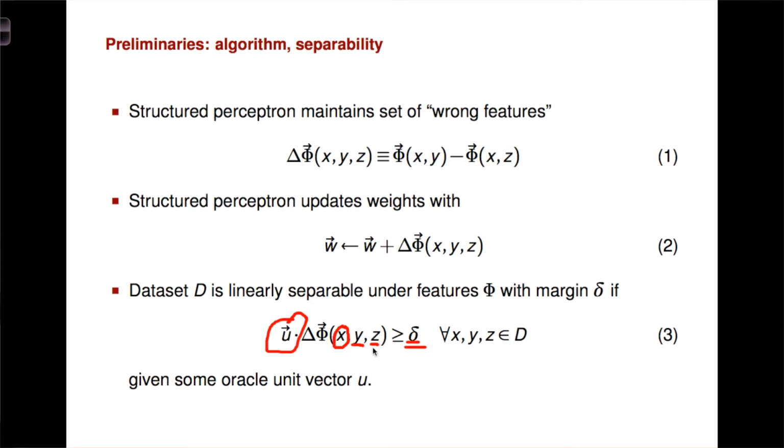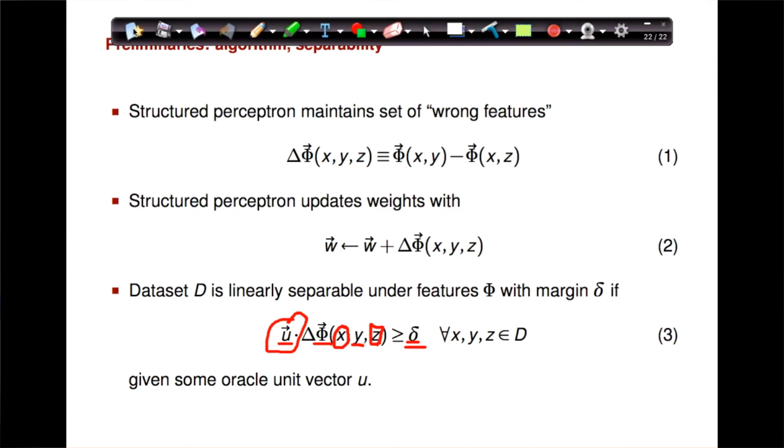So any wrong answer can't be less than delta wrong with respect to these features. And so we'll make use of the fact that u is a unit vector a little bit later. For now, just remember that u is some magic weight vector that does exist that separates the good examples from the bad examples.